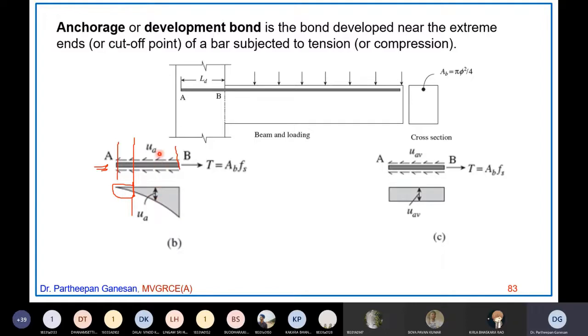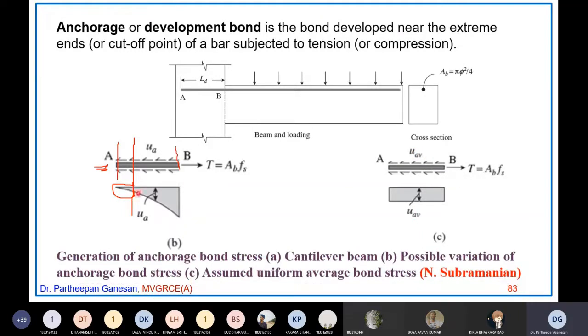At this point, this is UA. At this point, something else will be there. At this point, something else will be there. So that is why it is very difficult to work with a non-linear stress distribution. So we are taking the uniform distribution, that is called average bond stress or design bond stress. So this is the cantilever beam, the possible variation of average bond stress, and this is the assumed uniform bond stress.